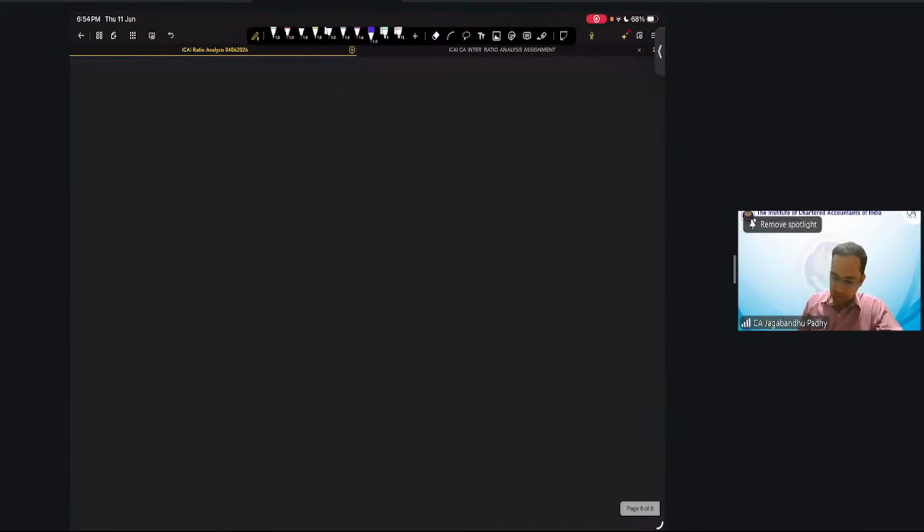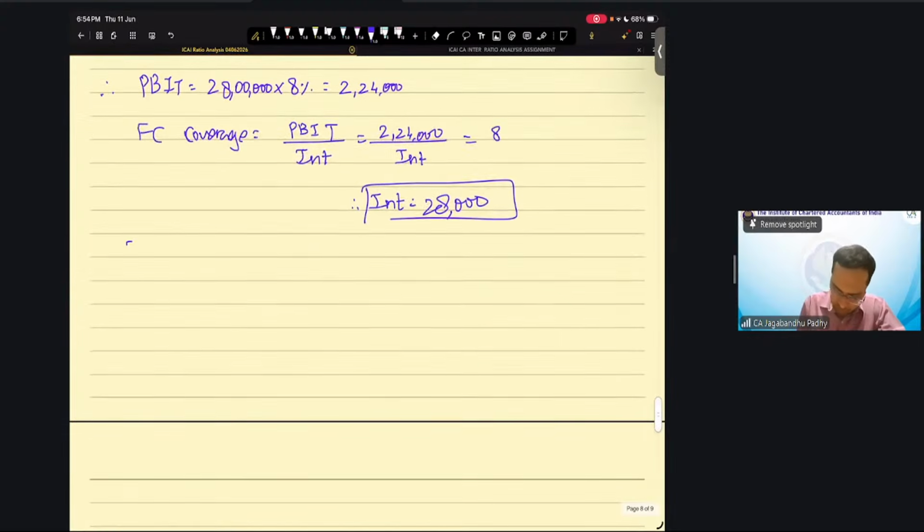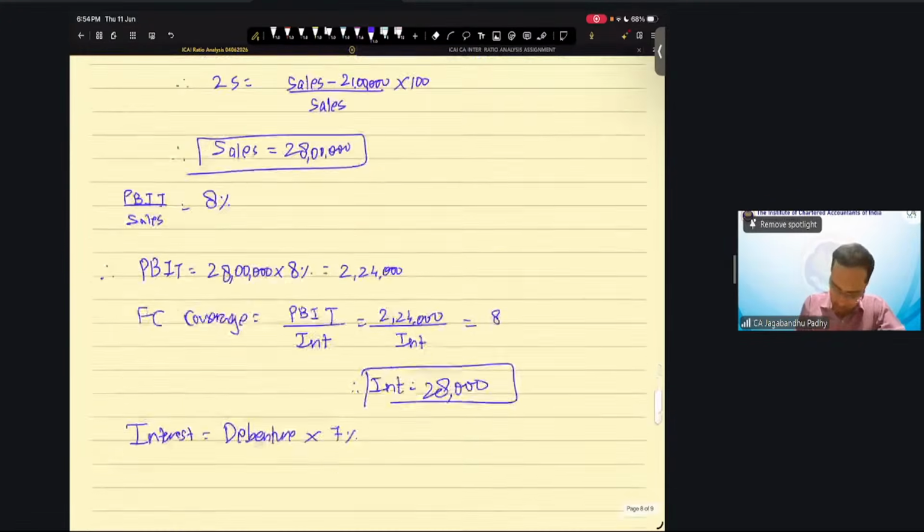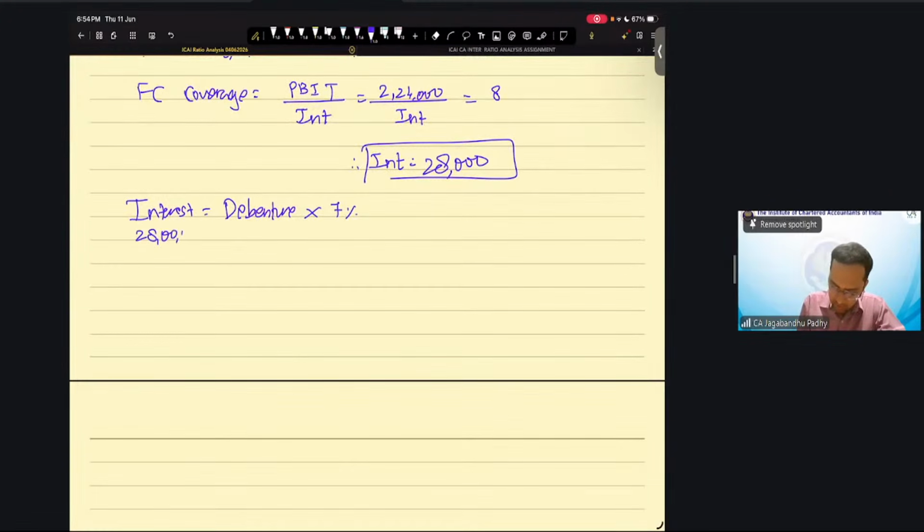So interest will be computed as what? We compute the interest as debenture value into 7%, because 7% is the rate of interest. So this interest of 28,000 is debenture into 7%.